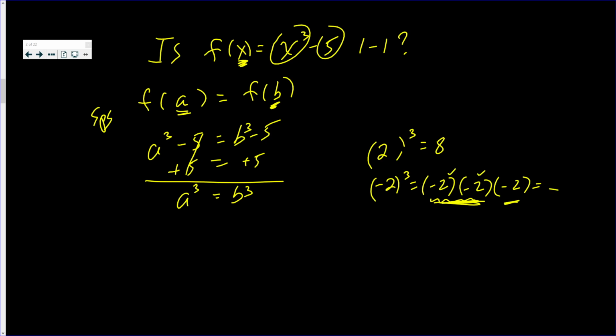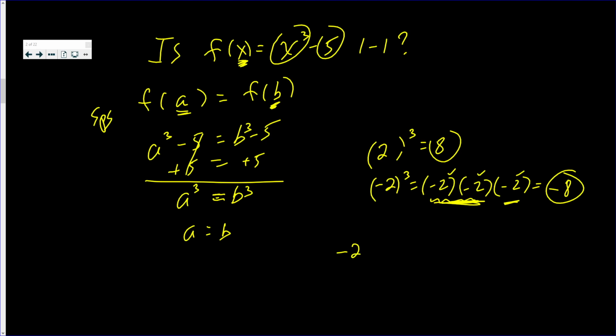And 2 times 2 times 2 is 8. Ooh, we're not going to get the same answer. You never can. If you cube two numbers and you get equality, the numbers are the same.